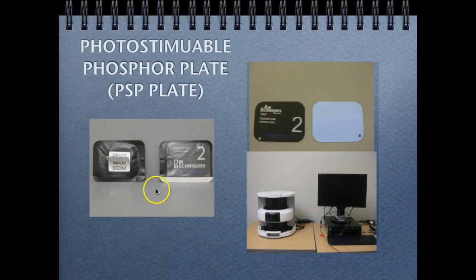And then once the plate is exposed with our PID and the X-ray unit, then it is scanned. So each type of PSP plate system has its own scanner. This is kind of a very popular one.